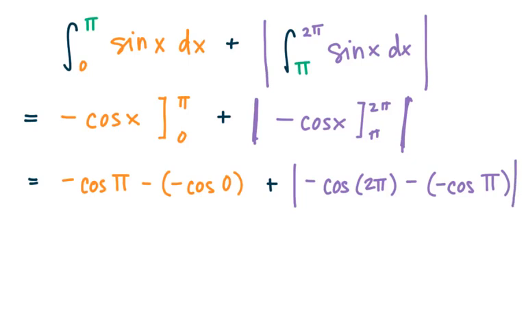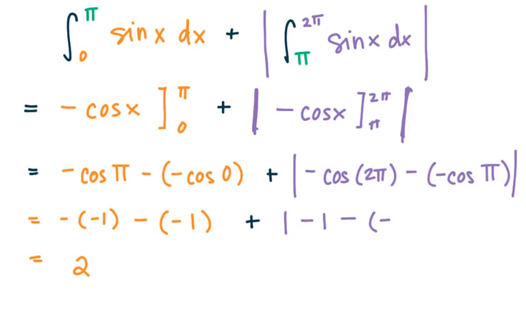All right, so cosine of pi is -1, so I have negative -1 minus cosine of 0. So cosine of 0 is +1. And simplifying that, that's +1 plus 1, I end up with 2, plus negative cosine of 2 pi, again cosine is 1, so -1, minus negative cosine of pi, which is -1.